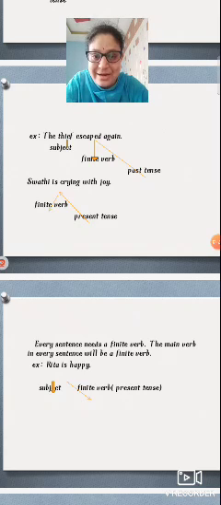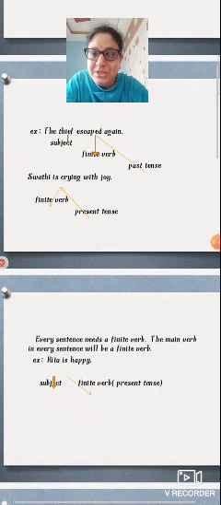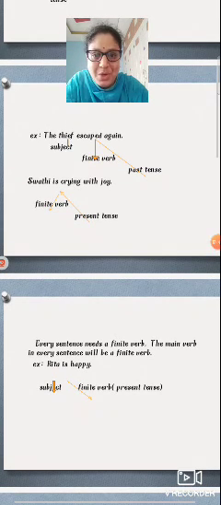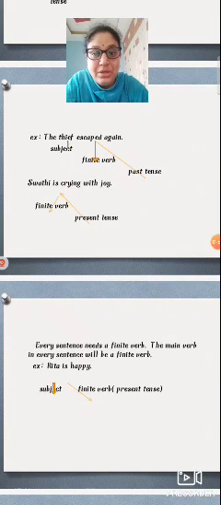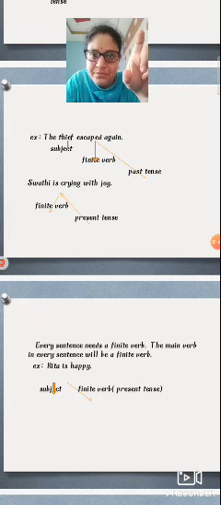So is crying comes under the finite verb and also the present tense. In the sentence Swati is with joy, what is she doing? The main verb is missing, right? So that's why we have to keep the main verb.